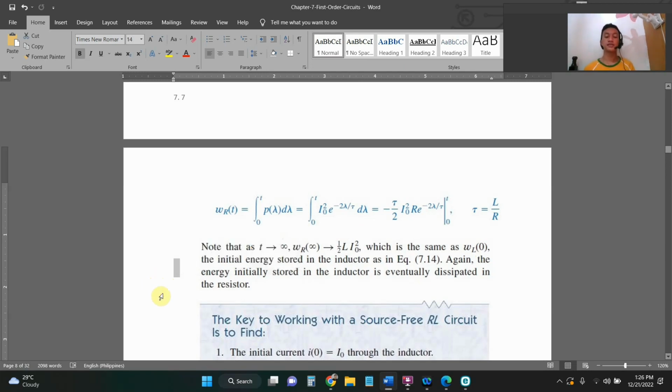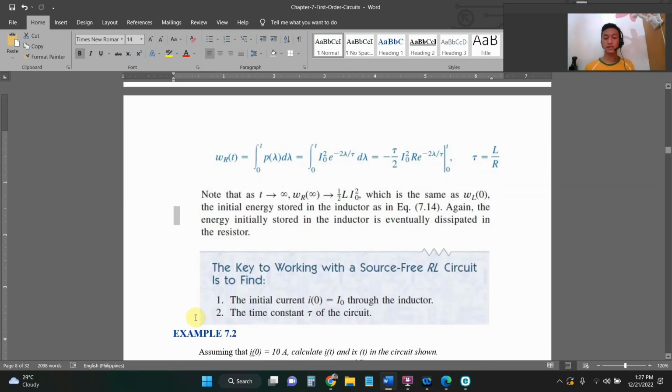So note that as t goes to infinity, the energy absorbed in the resistor is equal to 1/2 L I squared, which is the same as the initial energy stored in the inductor, as in equation 7.14. Again, the energy initially stored in the inductor is eventually dissipated in the resistor.